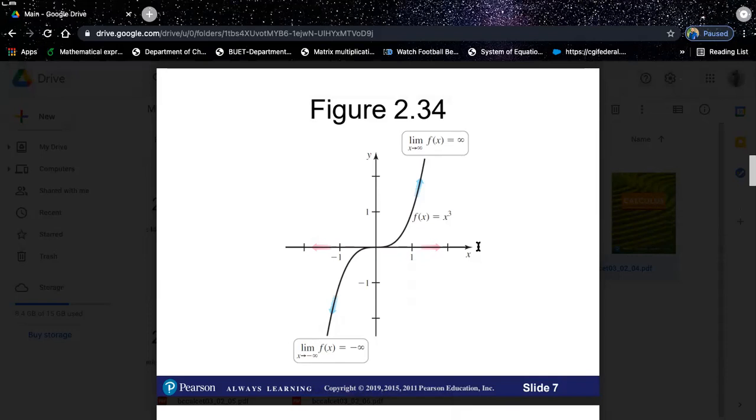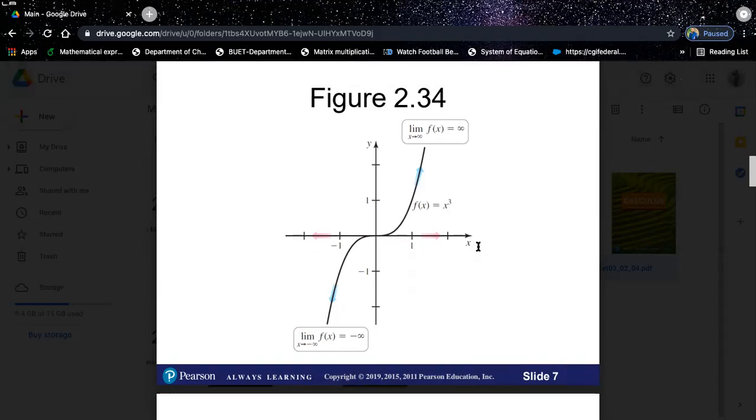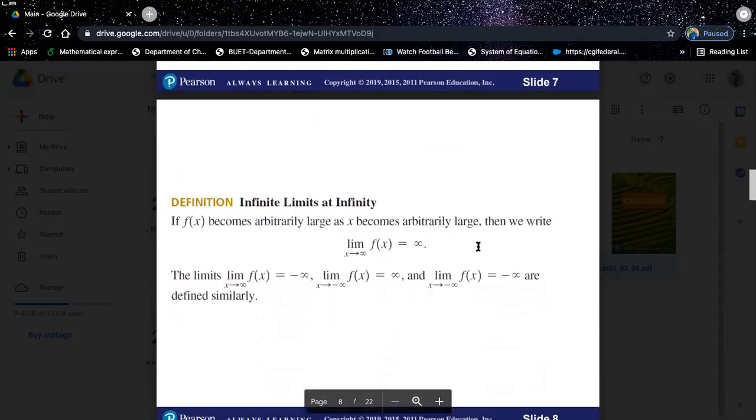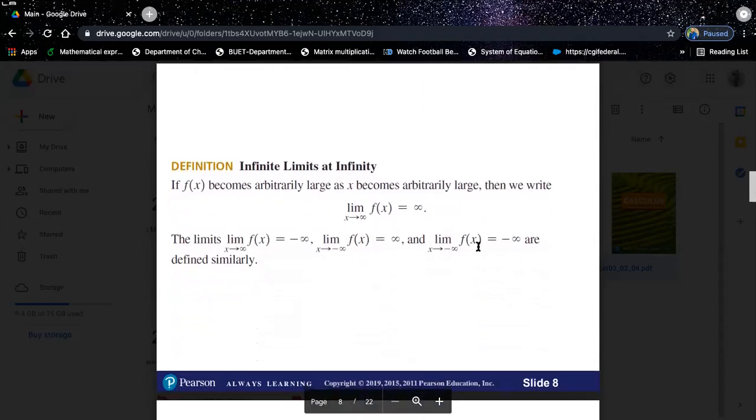I guess most of you have already seen this in the algebra class or pre-calc, if not in the algebra. Let's see the definition first, okay? Then we'll go back to the graph.